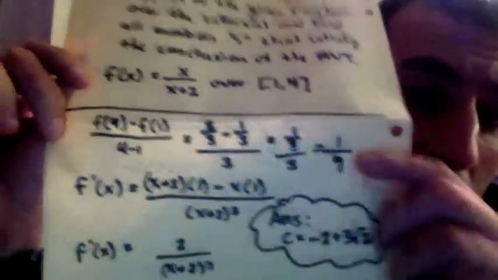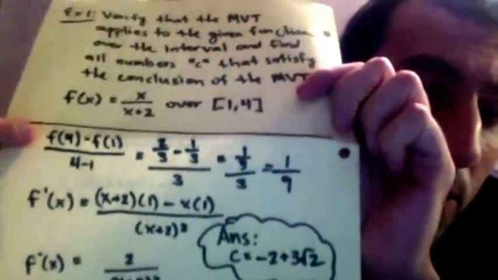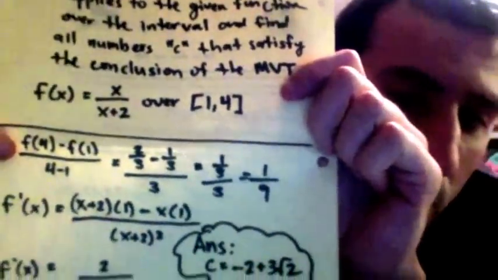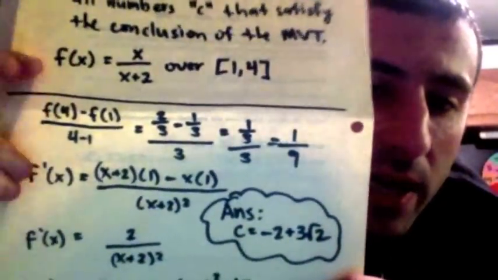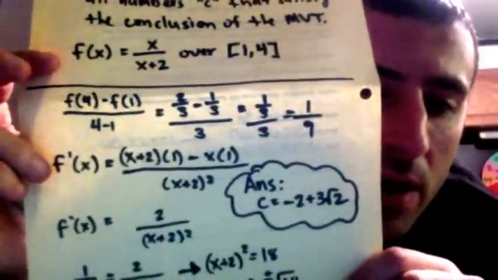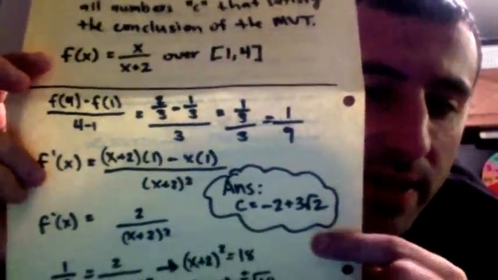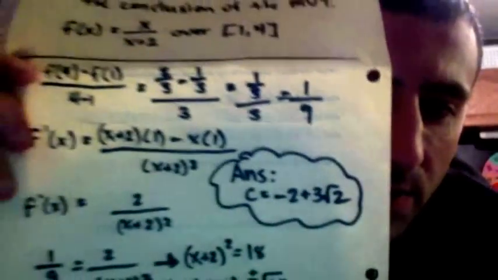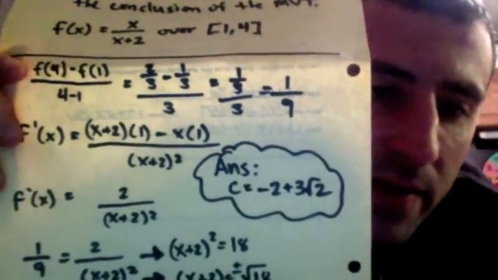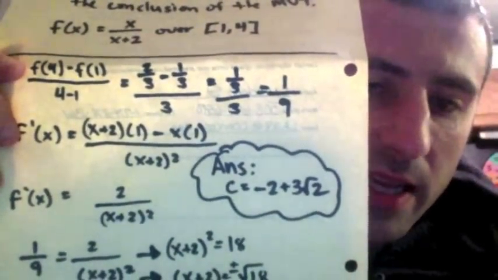Okay, so I started up here actually finding the slope of the secant line, which was 1/9. I took the derivative using the quotient rule, which simplifies down to here. And then all you do, guys, is you set the derivative equal to the slope of the secant line.